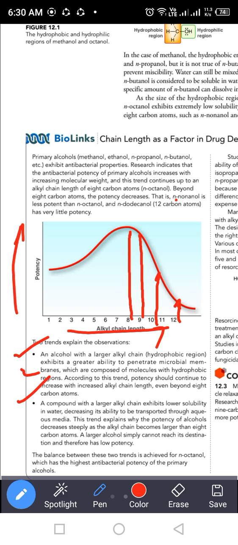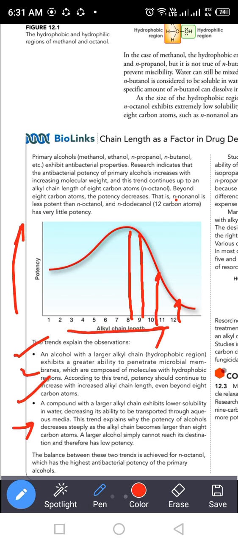So when we increase the carbon chain, the solubility of alcohol decreases. This trend explains why the potency of alcohol decreases steeply as the alkyl chain becomes larger. The reason is solubility, because solubility in water is less when the carbon chain increases.